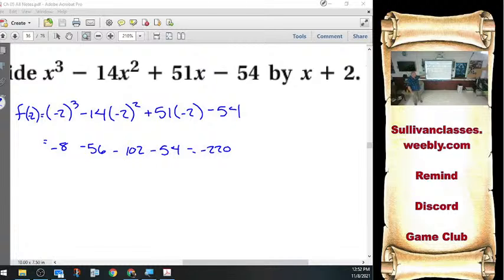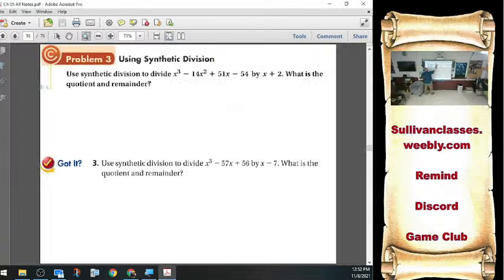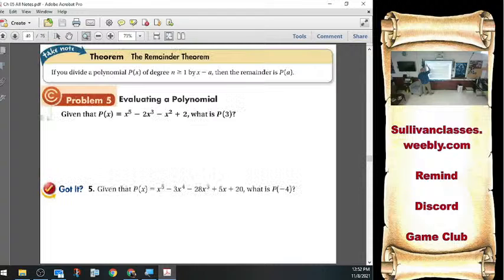I don't have to plug stuff in anymore. I can just do synthetic division, because whatever my remainder is, it's the same as if I had just plugged it in for x. That's what the remainder theorem is, but it has another name: synthetic substitution.